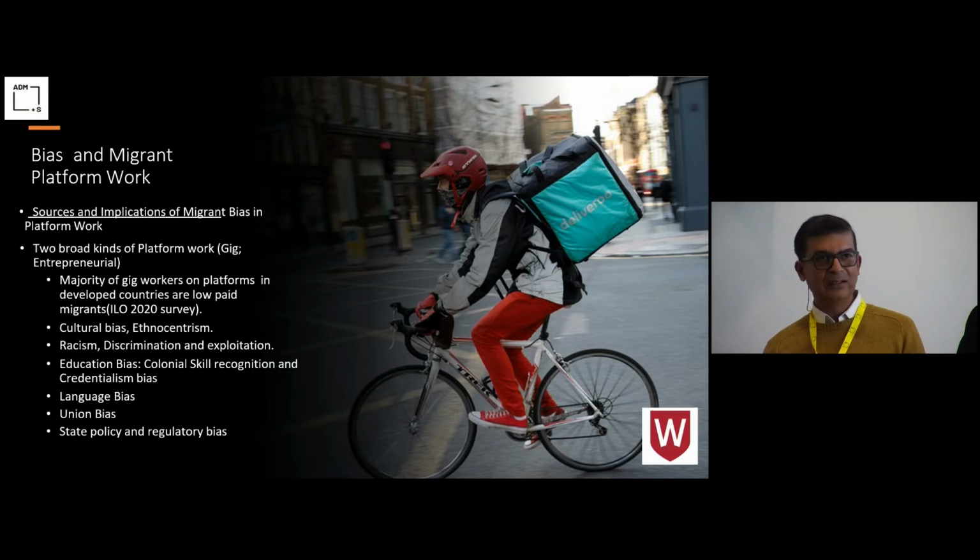The union, the state needs to include all kinds of labor, do some labor reform, and it's actually an intersection between the labor market, welfare reform, and the immigration policy that needs to be taken care of. Because migrants in platform work occupy a unique positionality, and it's important to understand that. It's important to understand why they take up this kind of work, and why they feel flexibility or autonomy is important.